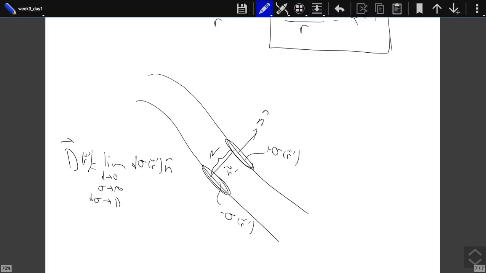Sigma can have a different value at different points. What is the total charge of the system? 0. That's an assumption we are making. We are treating sheets of 0 total charge. No, they do have 0 total charge.